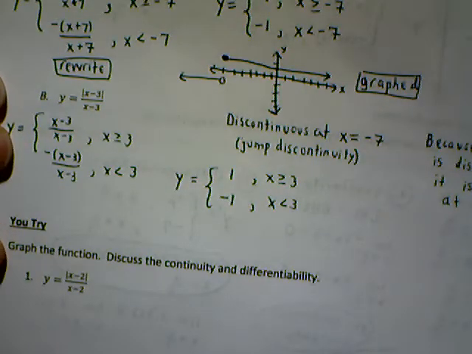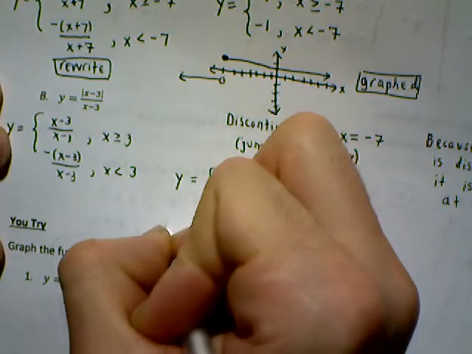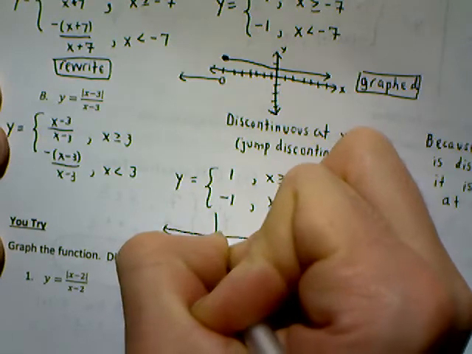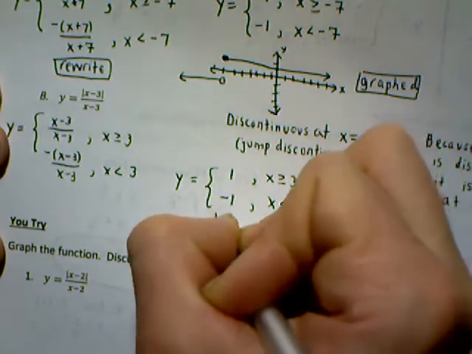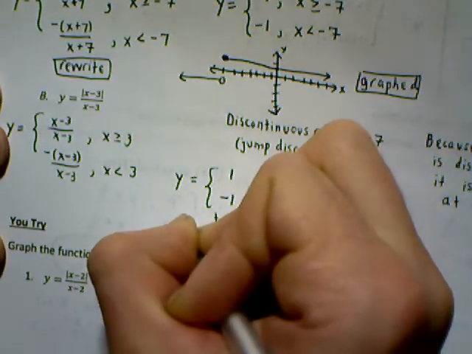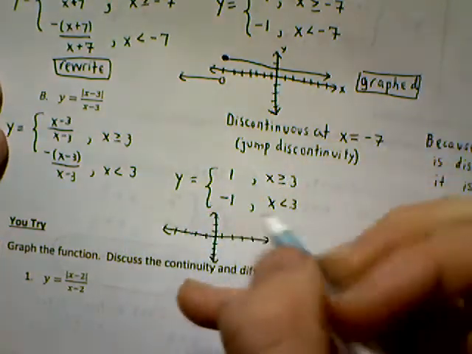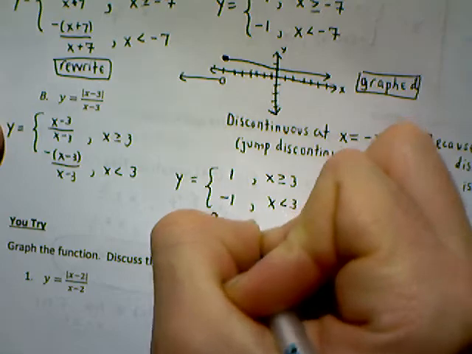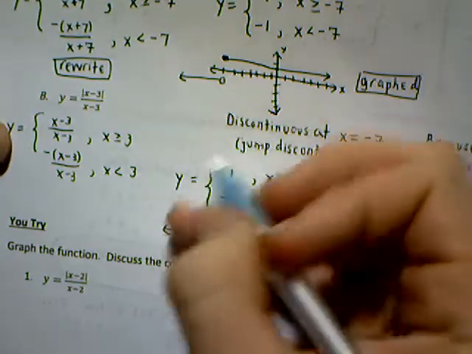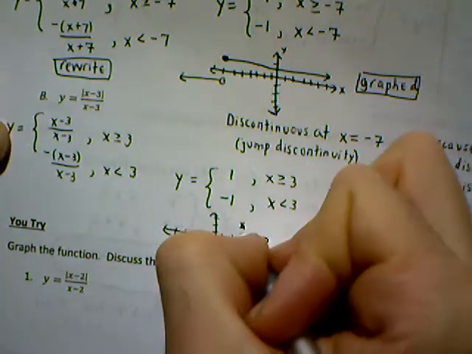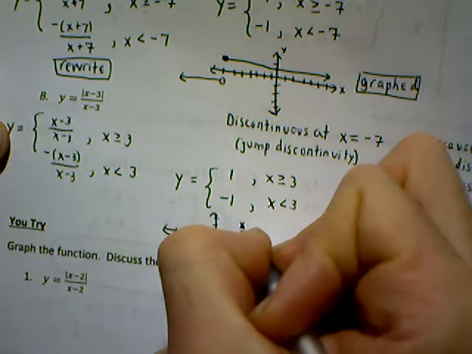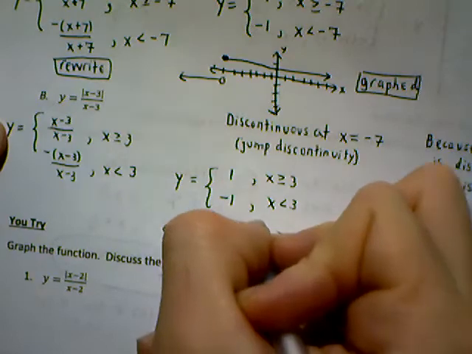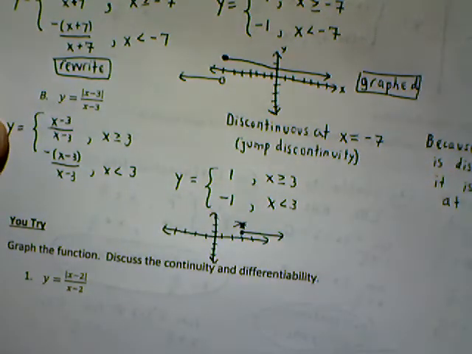Now from here, just graph it real quick. The function rule changes at 3. Whenever x is greater than or equal to 3, your output is 1. Ignore that little point, that was bad.